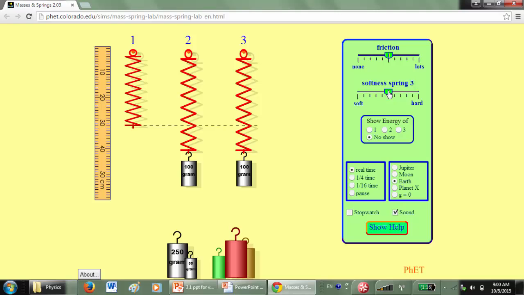But if I make the spring have a harder quality to it, or have a larger spring constant, notice it doesn't extend as long. Whereas if I go the other way and make it softer, it extends quite a bit longer. So the spring constant is what's determining the stretch of the spring.